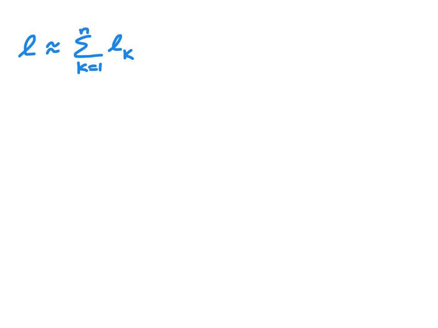Since we have n segments that are approximating our curve, and L sub k is the length of the kth segment, our arc length L will be approximately equal to the sum from k equals 1 to n of L sub k. Now, earlier we saw the length of a line segment was given by the expression square root of dx squared plus dy squared.